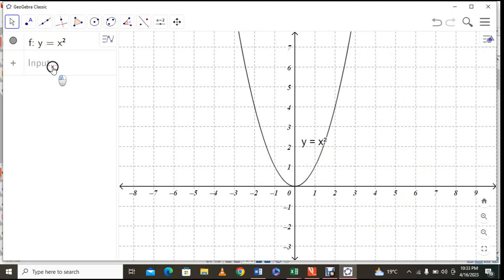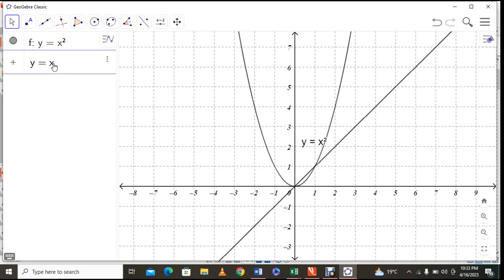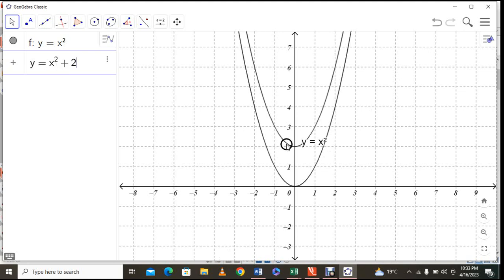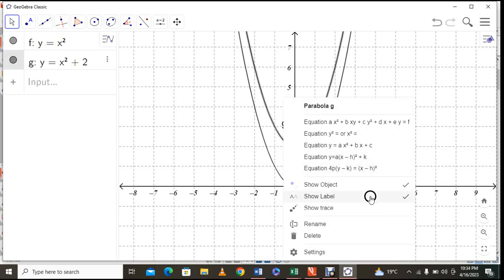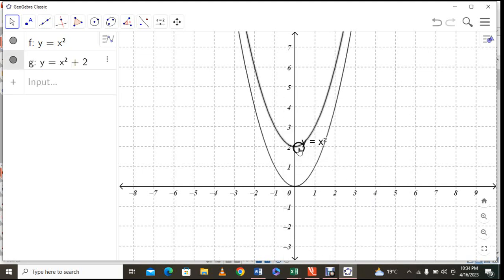Now, if you input and we want to say y equals, well, x squared, and then we say plus 2, let's say we add 2, then you will see that the graph is translated upwards.